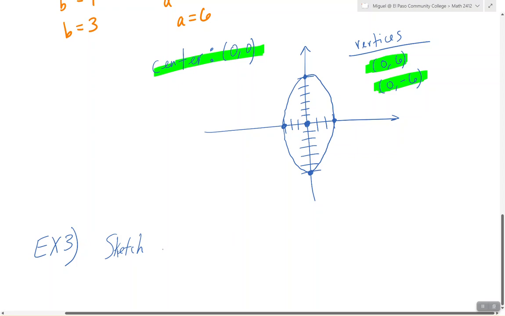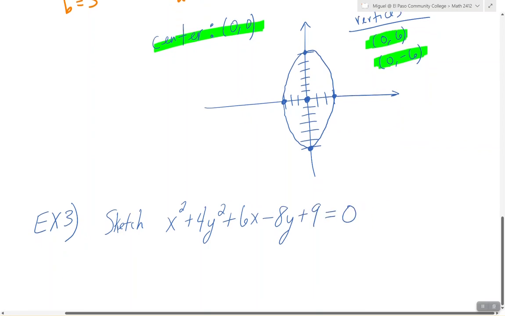Sketch the ellipse x squared plus 4y squared plus 6x minus 8y plus 9 equals 0. Find the center, find the vertices, and find the foci. So for this one, we do need everything.